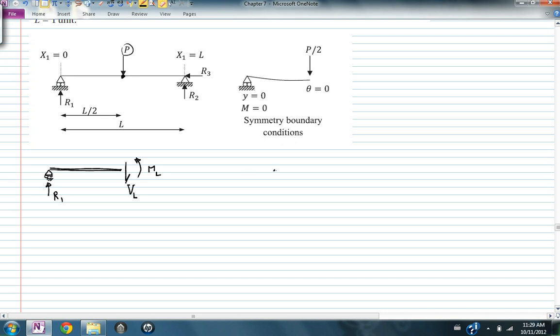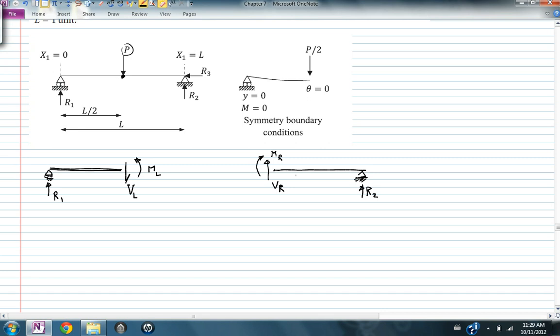And the other side of the beam I have R2. R3 is 0. I'm not going to worry about R3. And here I'm going to call this V right and moment right.